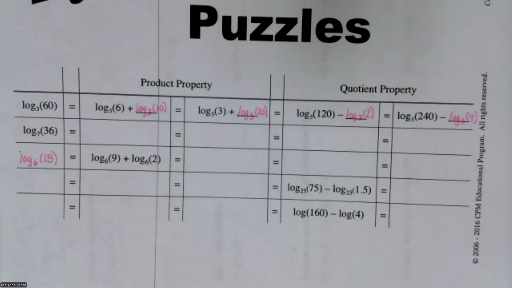You do 36 divided by 2, anybody? 180 divided by 10? Nobody did 18 divided by 1? Not lazy at all.